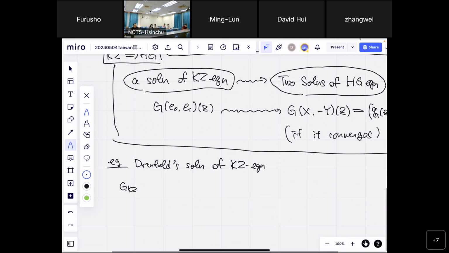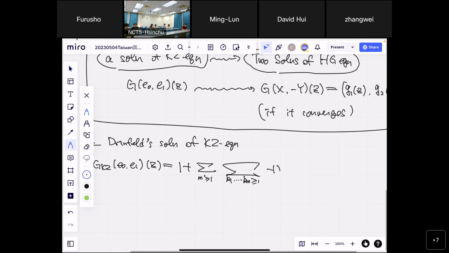Here I denoted it G_KZ, a function of non-commutative formal power series E0, E1, a complex function, which actually has the following representation, where m is bigger than 1, and k1, ..., kn are integers greater than or equal to 1, and this is a multiple polylogarithm.